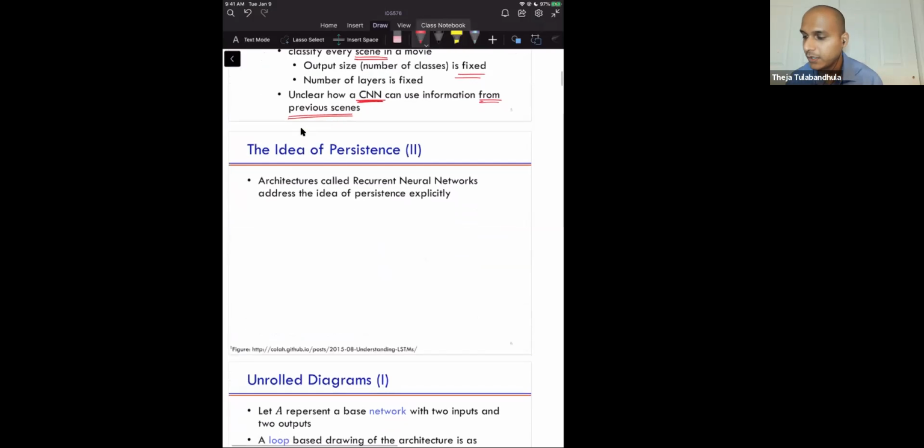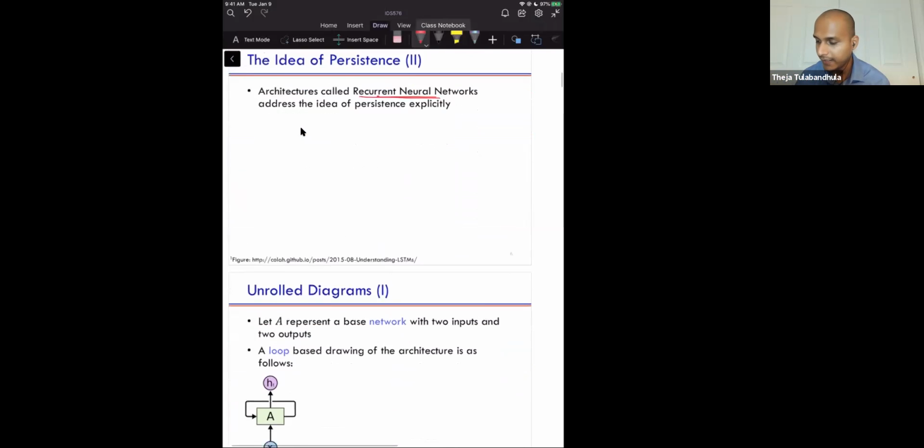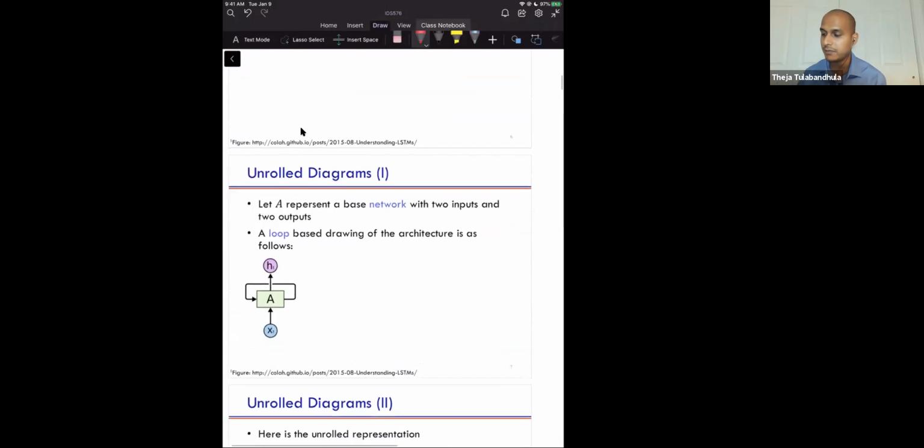Okay. So RNNs are able to exploit this information. Generally when people talk about an RNN, it's actually a larger network, but when people draw it, they show a drawing like this, where there's an input, an output, and some processing.